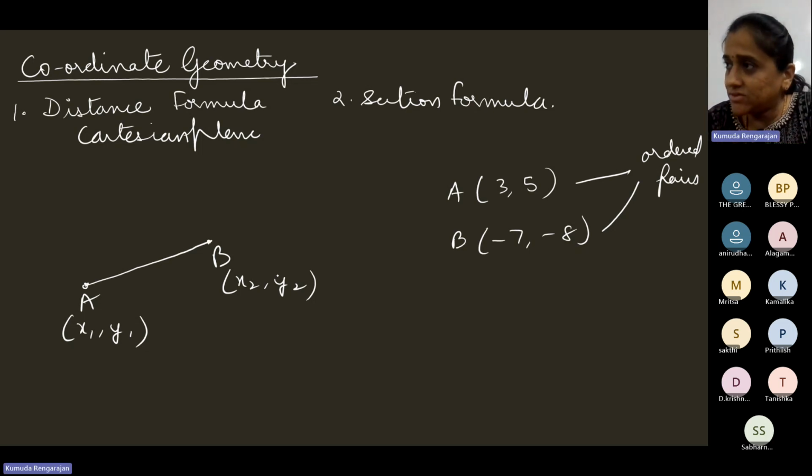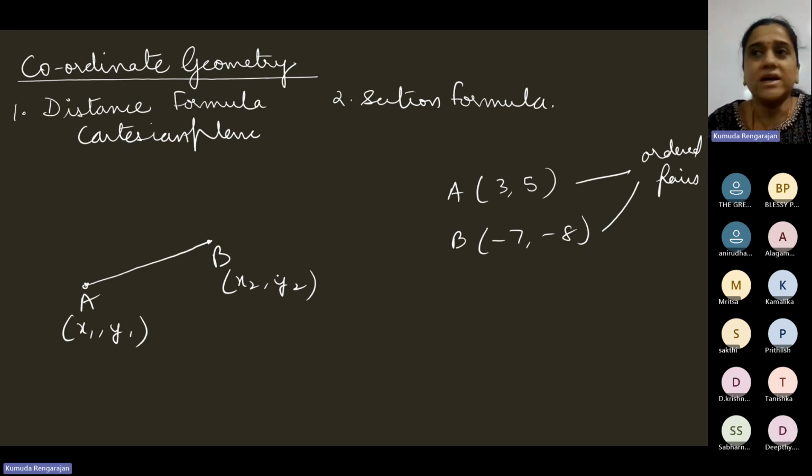The address of every point lying in the Cartesian plane is called an ordered pair because the order is important. 3, 7 and 7, 3 are not the same. 3, 7 is different from 7, 3. That's why ordered pair.